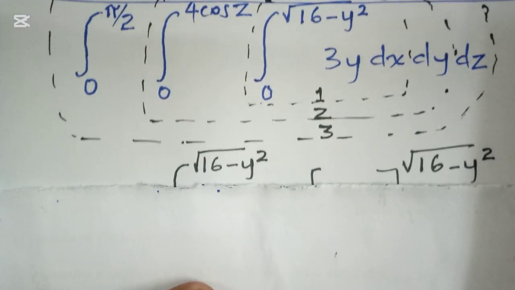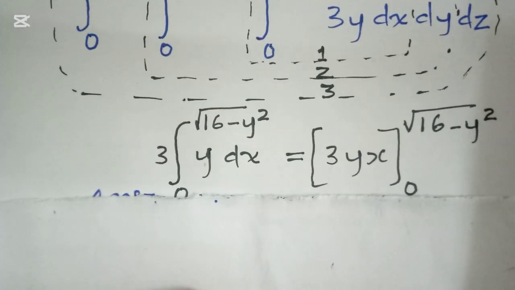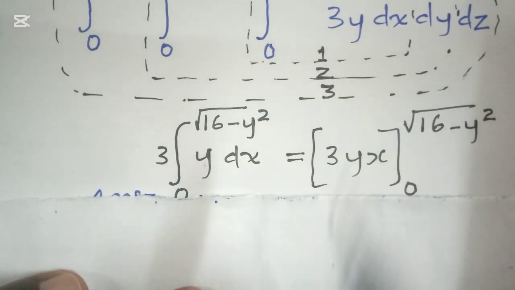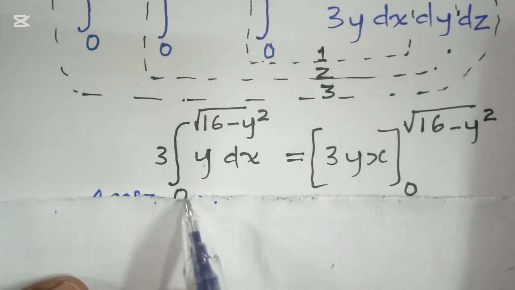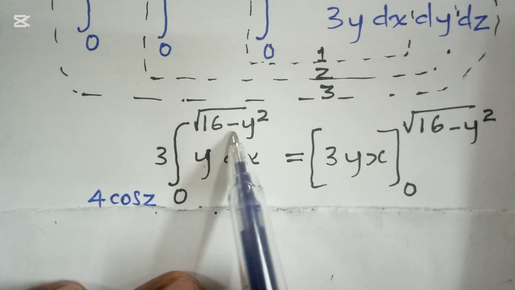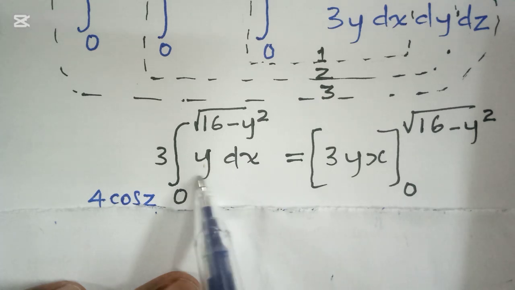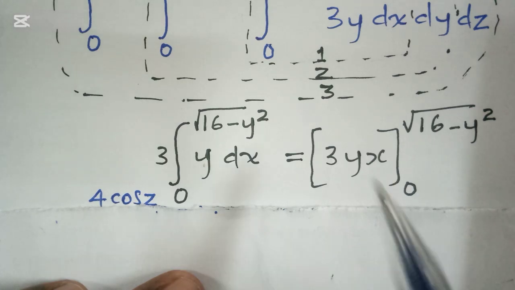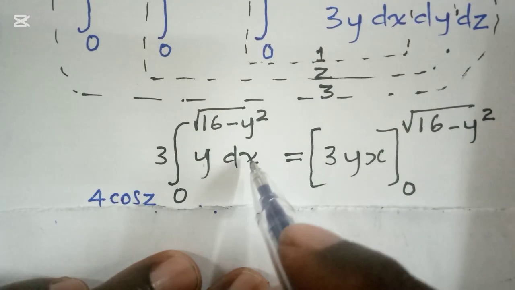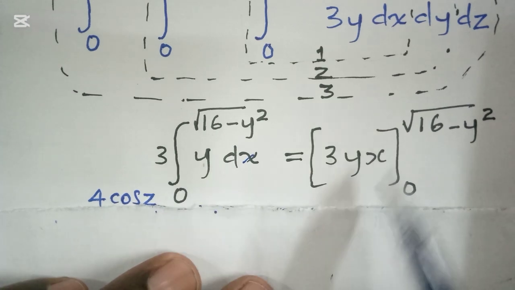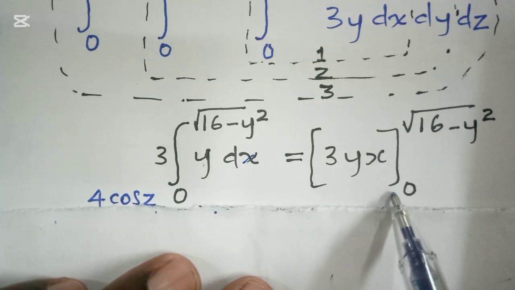So guys, we start off. We are integrating the first, that is with respect to x. So guys, we have from 0 to square root of 16 minus y squared. If we integrate that, guys, 3y is a constant as of now because we are integrating with respect to x. So this one is considered as constant, and so therefore our solution is going to be this.